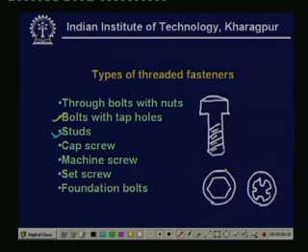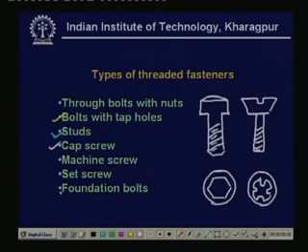And also there is another kind of cap screw which has a head of this shape. So this is another kind of cap screw. So these are roughly different kinds of cap screws.